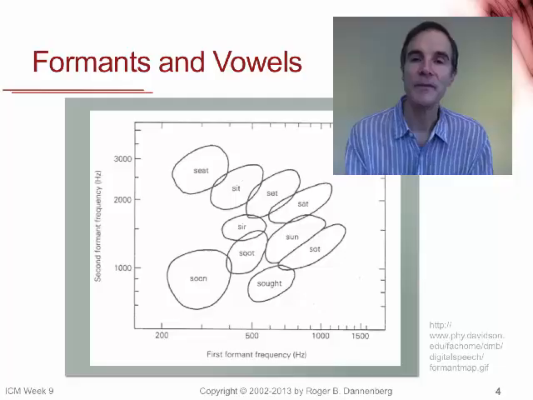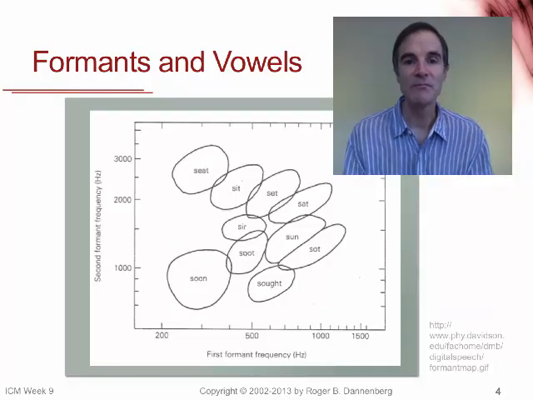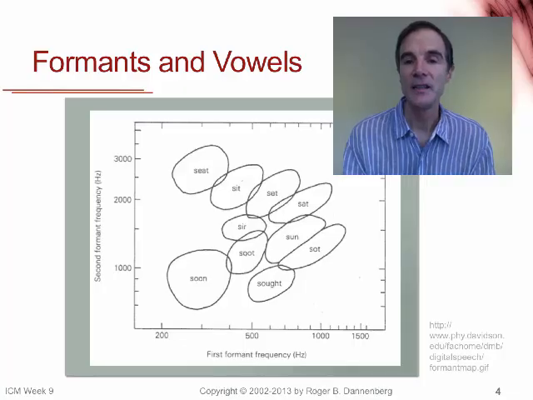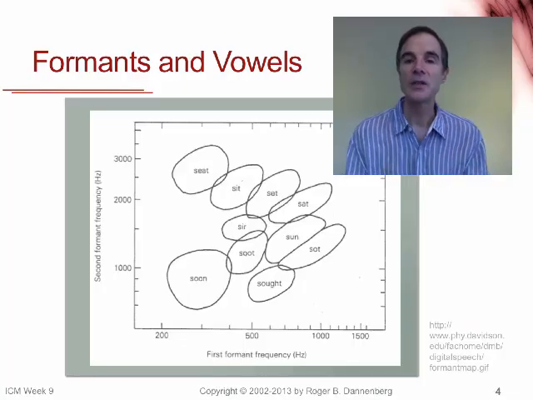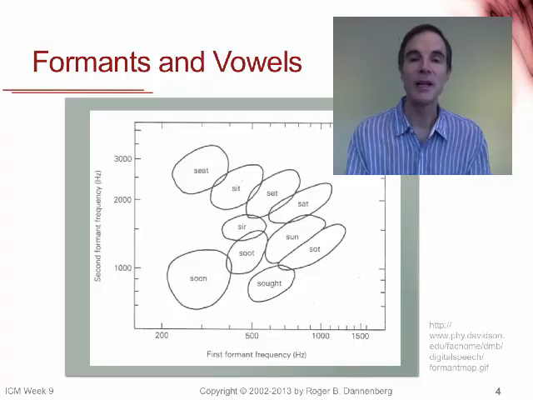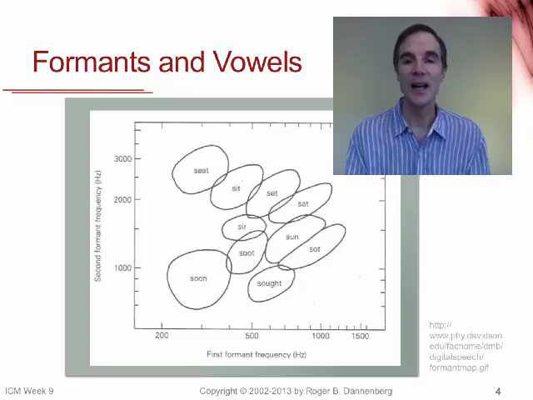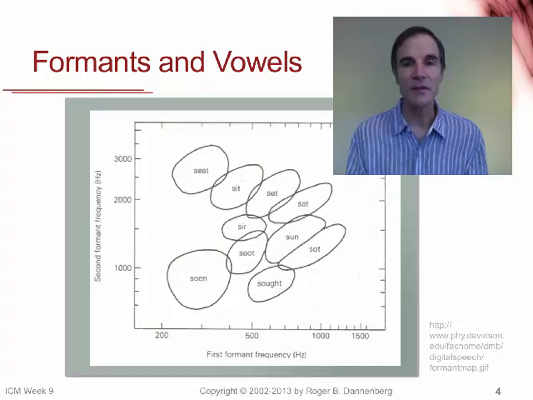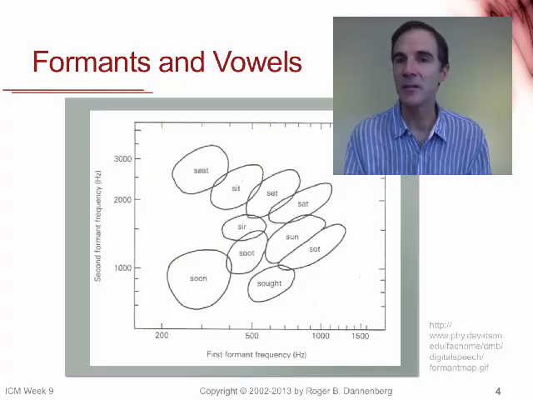One of the very important fundamental concepts of speech production is the vowel. The vowels are sounds that we all recognize, like oo, ah, eh. All of these are different vowels. And what's going on to make these vowel sounds? Am I changing pitch?